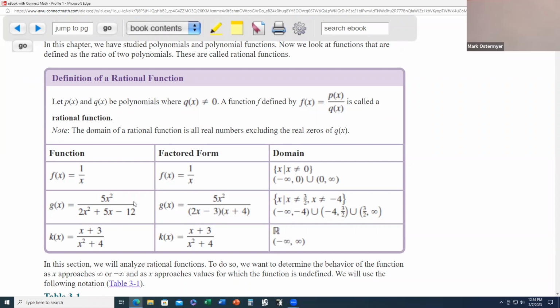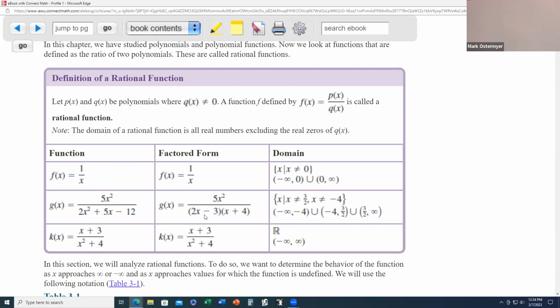G of x is another example of a rational function. Notice when you factor the denominator, it does factor into the product of two binomials. And then we have to ensure that we do not ever put any value in for x into this function for which it is undefined.